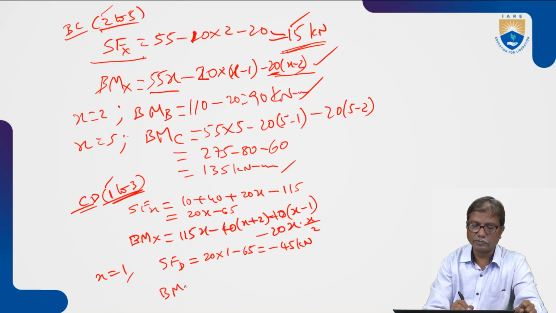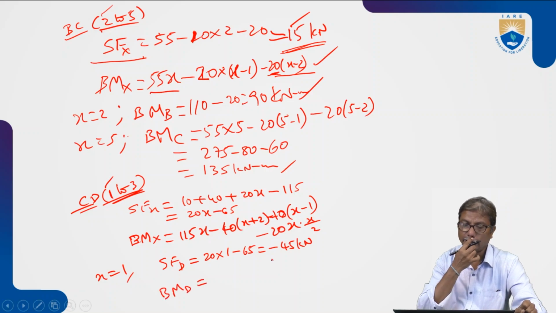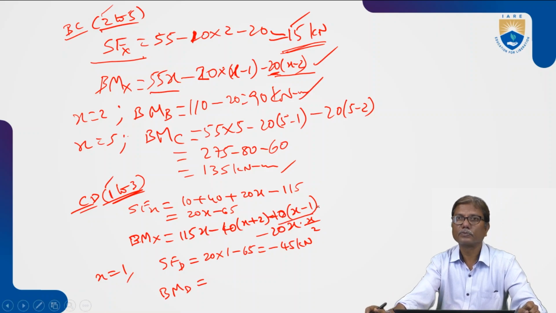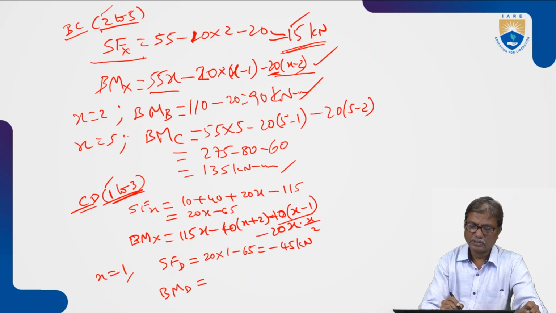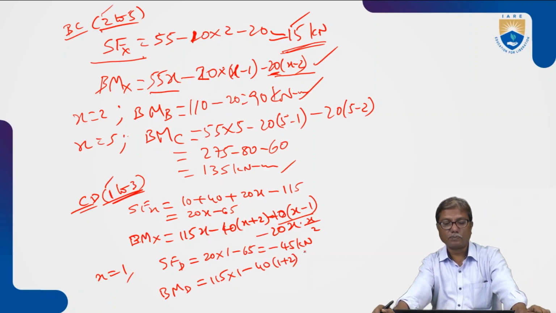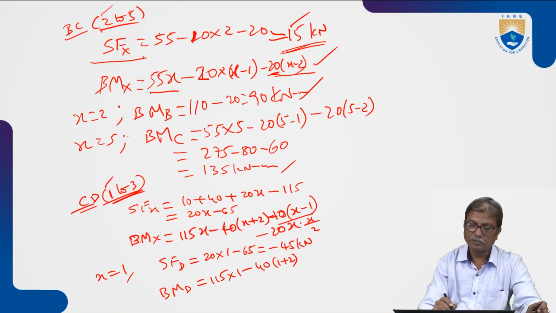And coming to bending moment, when x equal to 1, this term will be 0. And 115 into 1 minus 40 into 1 plus 2. Third term is 0.